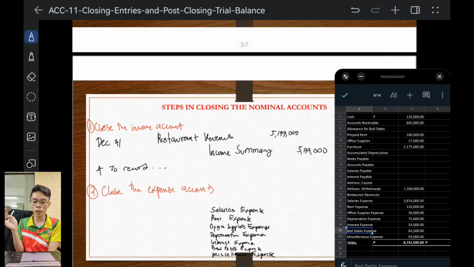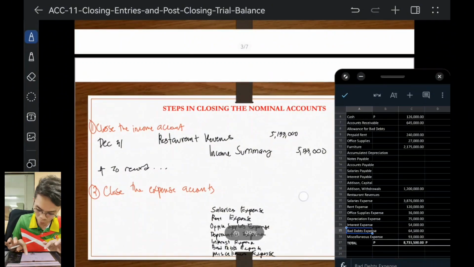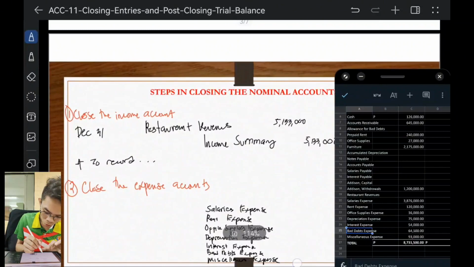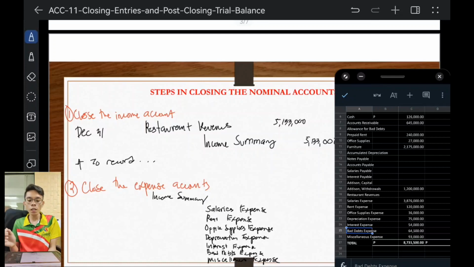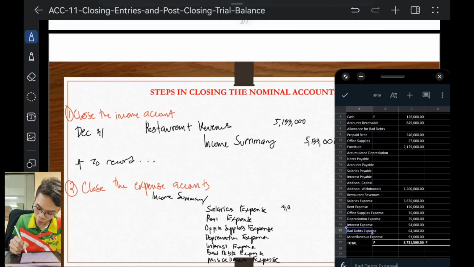We close them by using the temporary account, and that would be income summary. So, we will be going to debit income summary here. Okay, so we will now put the amount of the expenses. Salaries expense, that would be 3,876,000.